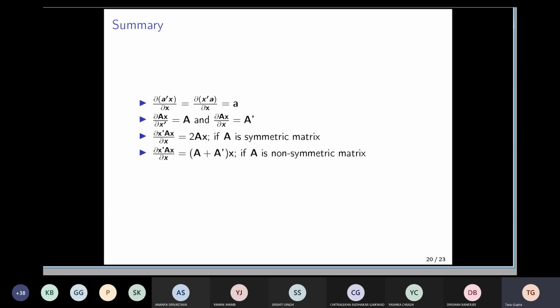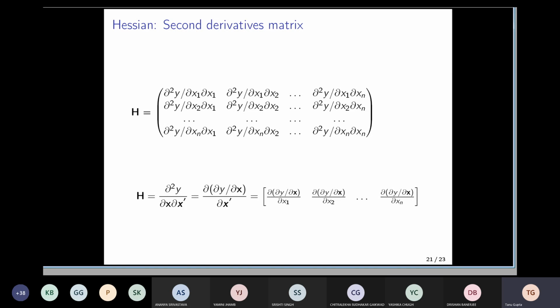Okay. So far we were just talking about the first order partial derivatives. Similarly, we can find the second order partial derivatives also for all matrices and vectors. The only important thing here is that we all know how to differentiate functions.